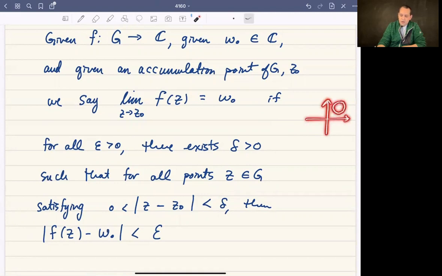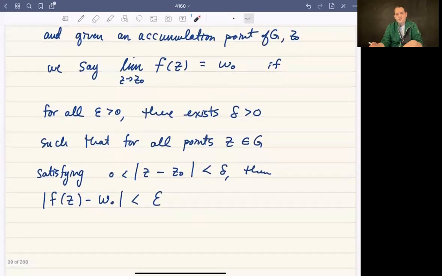We have some ball that's going to have some specific radius, and it's all those points in the ball that are going to be within a distance delta of our accumulation point z naught. That's a huge difference if you think about it, because in Calc 1 you just had to worry about the limit from the left and the limit from the right. And that's why we talked about those two-sided limits. But here, if we're worried about the limit at a point z naught, we have to worry about all the possible paths in points of G. We have to worry about all possible paths to z naught.